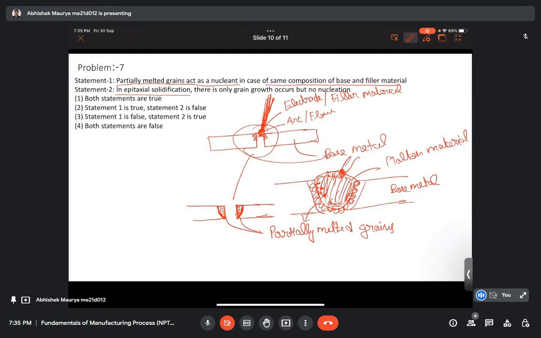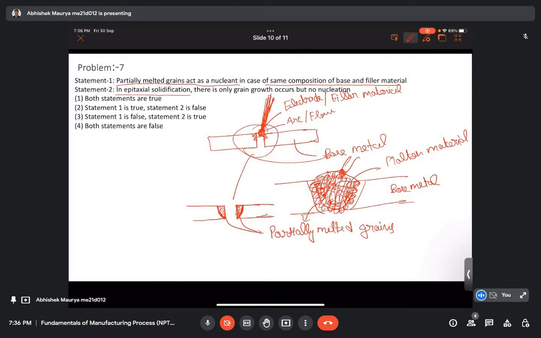Grain nucleation and grain growth will not happen. Since we already have the partially melted grains, the atoms will directly go and sit on those partially melted grains, and that grain will start growing bigger and bigger towards the molten metal side. It will keep on increasing until the whole molten region gets solidified.